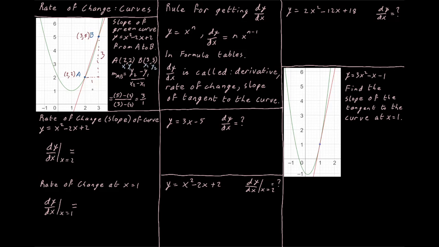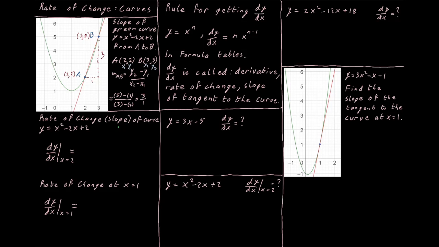But what happens if I want to know the slope at a particular point? Say if I wanted to know the slope at A. So not over a particular area, not an average rate of change, but an instantaneous rate of change. The rate of change at a particular point. Well, then I'm going to have to use a tool called a derivative, our dy dx, our slope at a point.